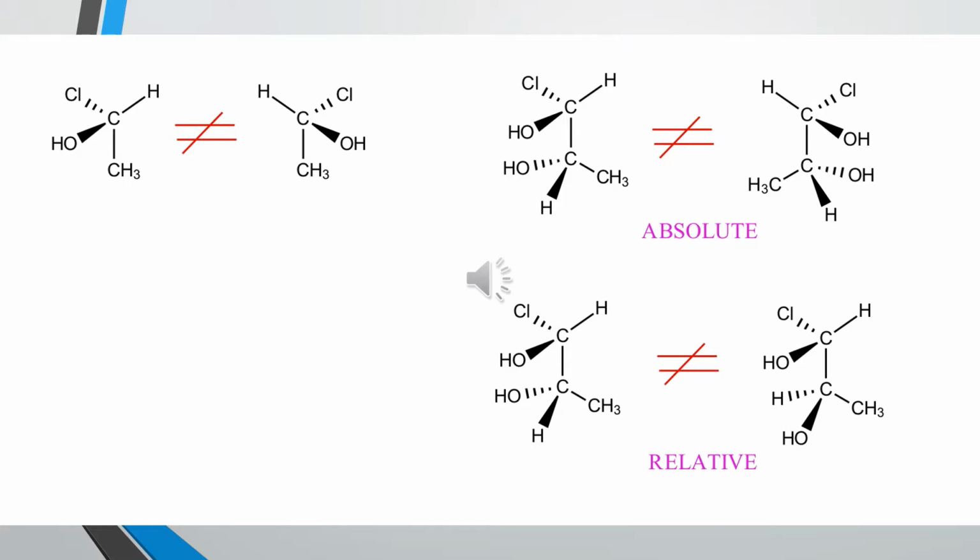What if there's a second chiral carbon, like in the right-hand panel? I introduce a second chiral carbon. And what you see in the top part of the right-hand panel, you see the mirror image reflection of the original structure with the 2 chiral carbons.